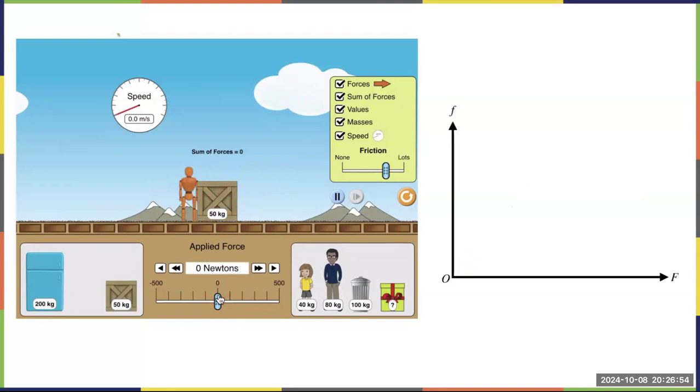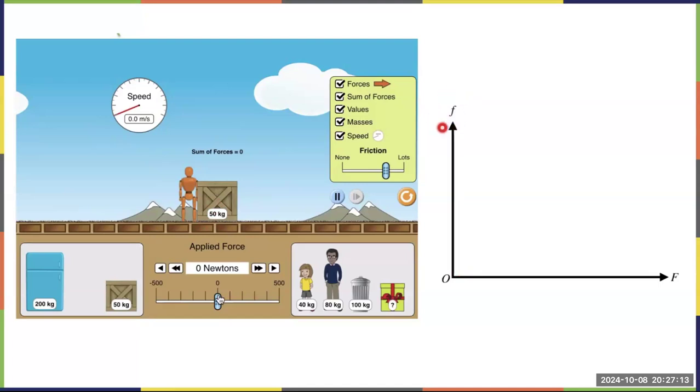Okay, so now if I am applying a force towards the right, there is a friction force between this crate and the surface. At this particular point, as you see on the graph, there is no friction force.